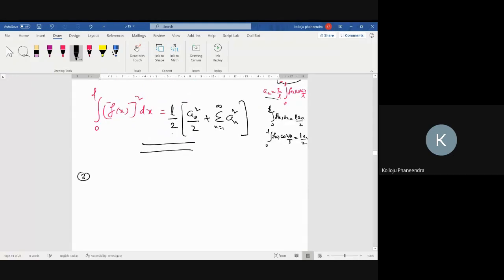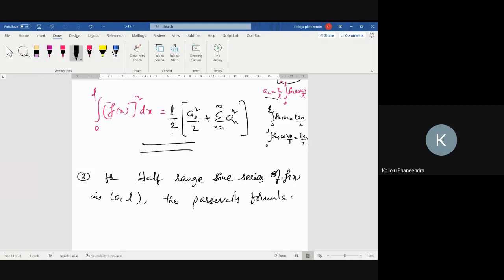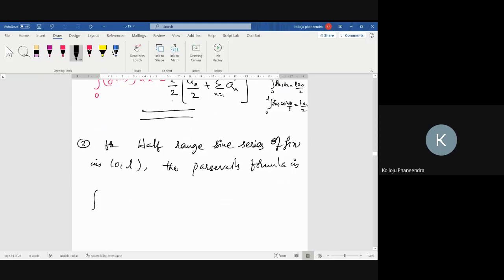Third point, for the half range sine series. For the half range sine series of f of x in 0 to L, the Parseval's formula is again the same: integral 0 to L f of x whole square dx equals L by 2, there is no an, sigma bn square.